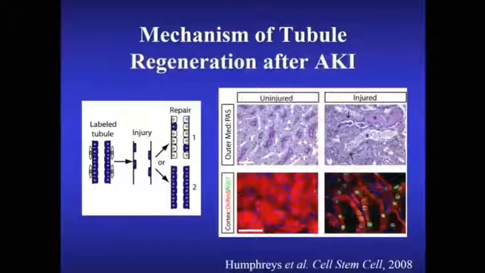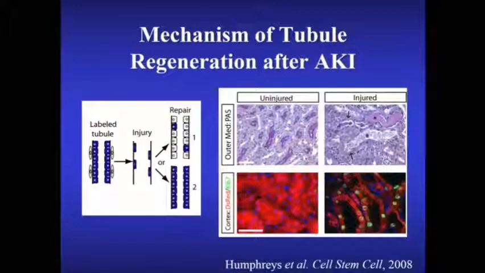All right, so one of the things that was a big debate in nephrology for a while, although this paper is now 10 years old, is when you see patients in the hospital, particularly the really sick patients in the intensive care unit with acute tubular necrosis, it can take weeks sometimes for them to regain renal function.